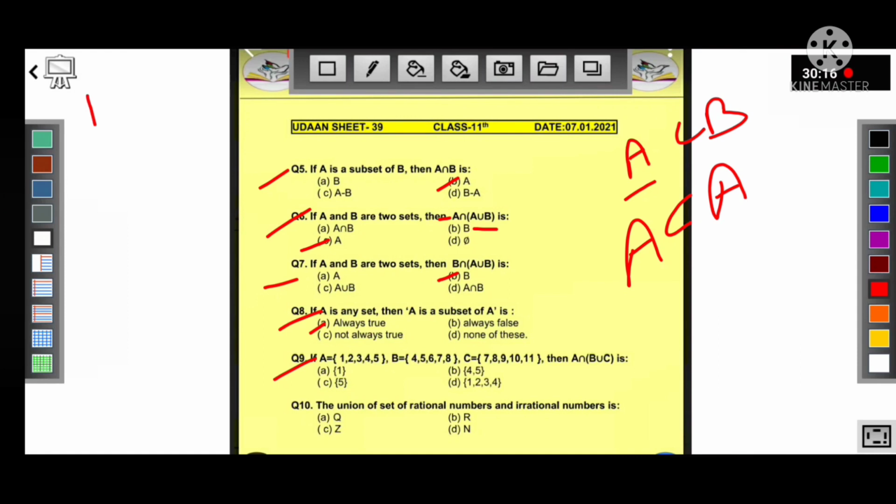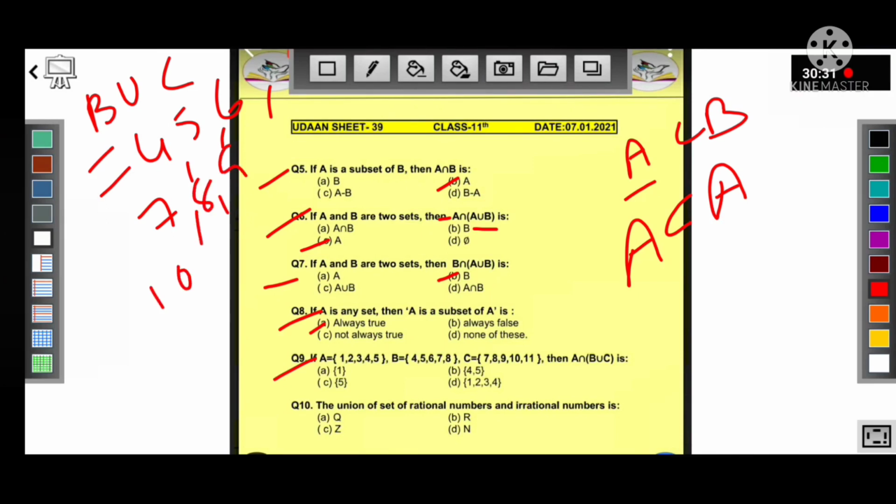First of all, find B union C, which is equal to {4, 5, 6, 7, 8, 9, 10, 11}. Now take the intersection of A with this set, we get {4, 5}, so B is the right option.